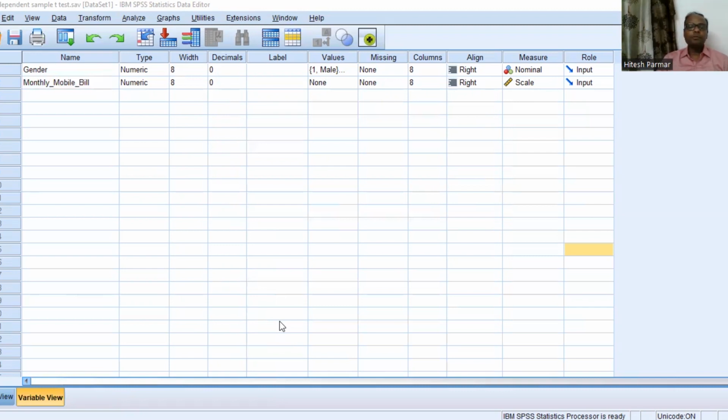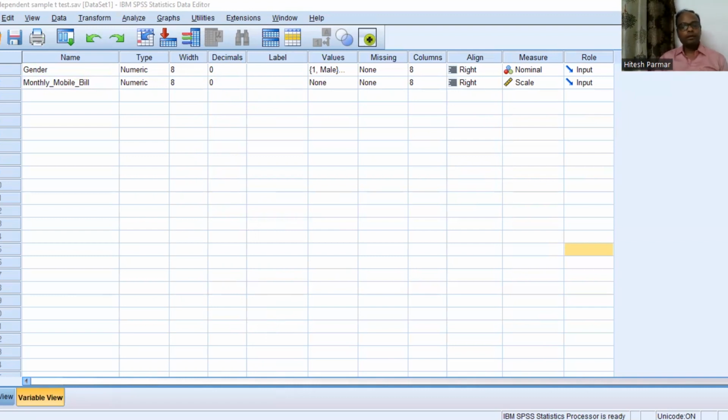Here what we are assuming, as our sample size is 41, we are assuming that this variable called monthly mobile bill is normally distributed. This is what we are assuming. That is the reason we are going for a t-test, which is a parametric test. Obviously, we can test it also, right? Whether the data is really normally distributed or not, that we can test also.